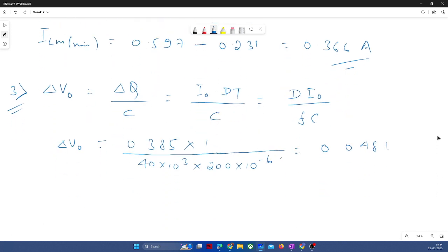And if you want to compute it in terms of percentage, in the question it was asked as percentage of voltage ripple. So del V naught by V naught will be 0.0481 divided by V naught, 5 volt.